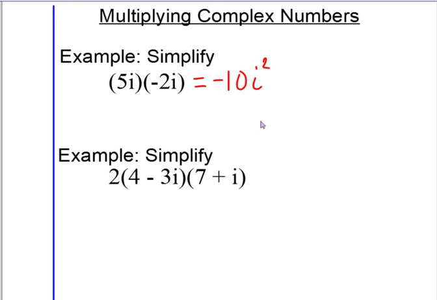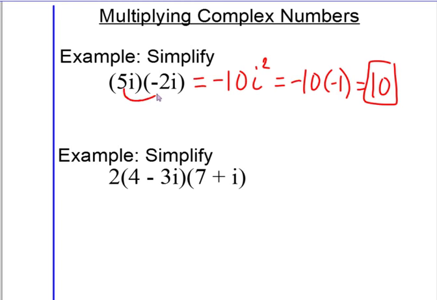Remember I talked about how i squared is the same thing as saying the square root of negative 1, squared, which does equal negative 1. So this is negative 10 times negative 1, which is a positive 10. So careful, make sure that you are multiplying negative 2 and 5 and i times i.